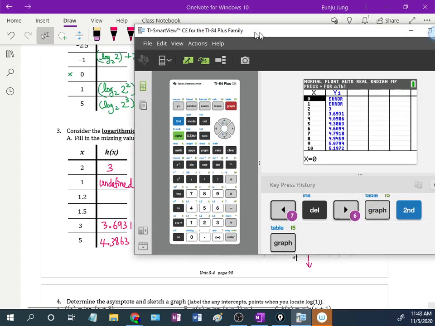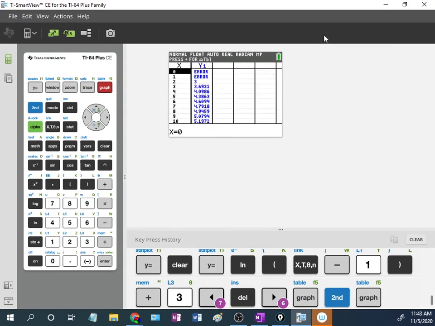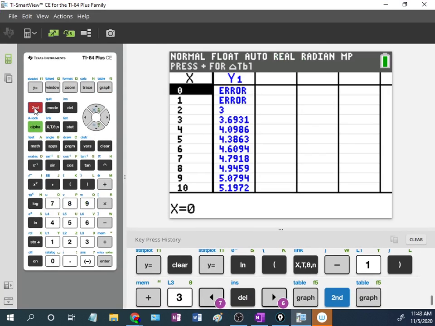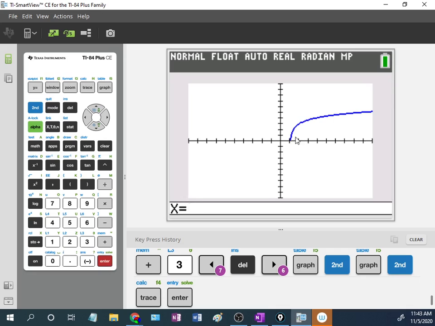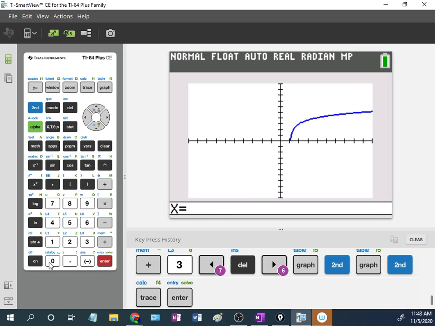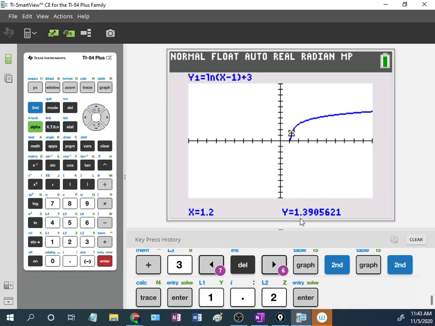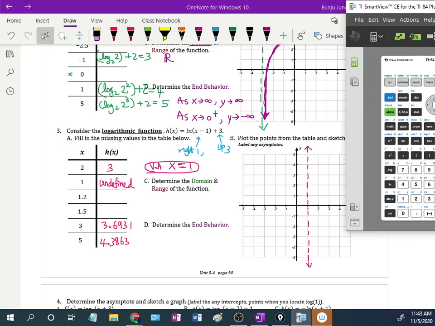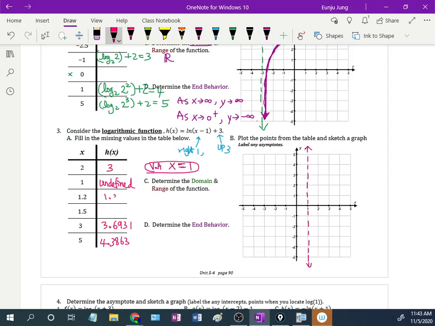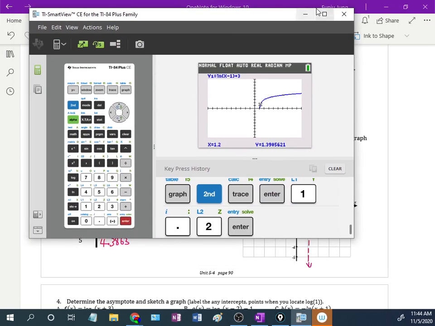It's not there, so I'm going to evaluate it. So let's use the calculator. Second button, trace button, you can calculate the value. Hit enter for value, and let's use the number. What number? 1.2. Hit enter and you get the y value here. It's 1.390. Okay, let's repeat one more time for 1.5.